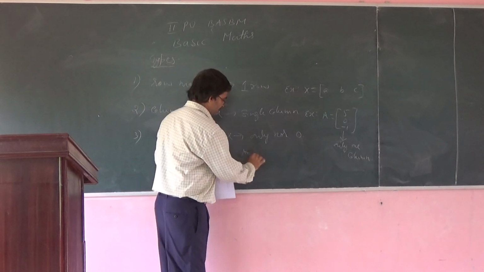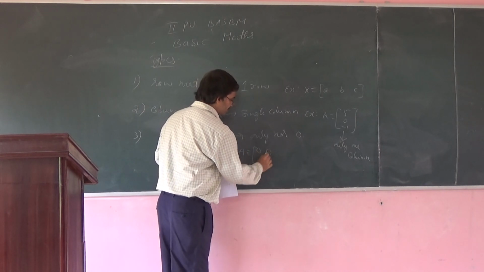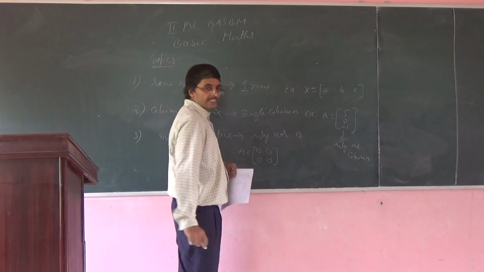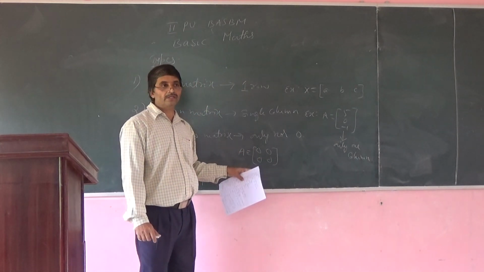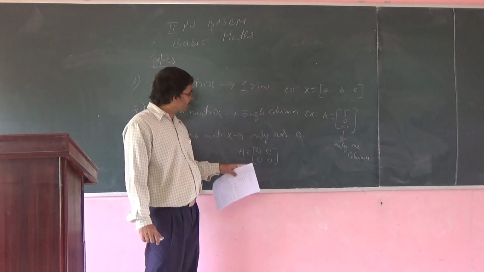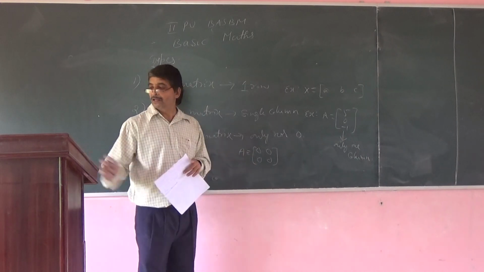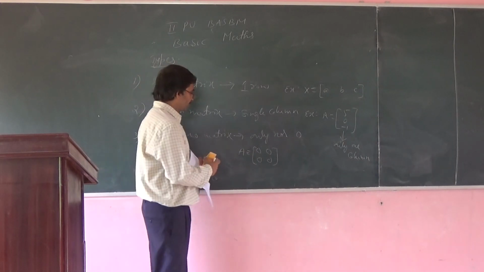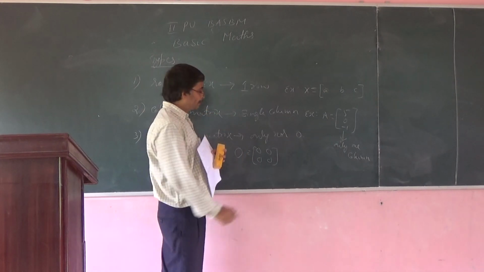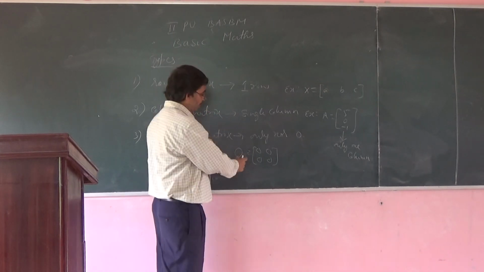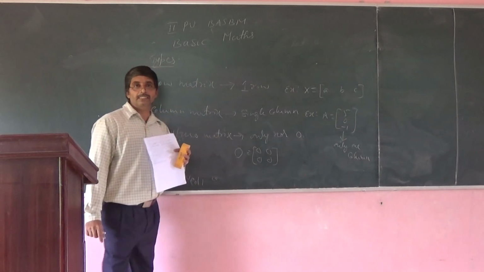Example. All the elements should be 0 here: 0, 0, 0, 0. So this is a null matrix of order 2. For a null matrix, actually we have a different notation. We will give a big 0, or O. This is the way we can represent a null matrix.